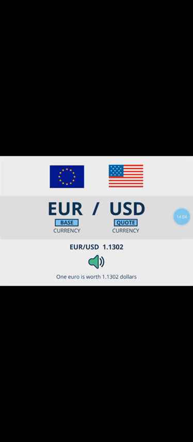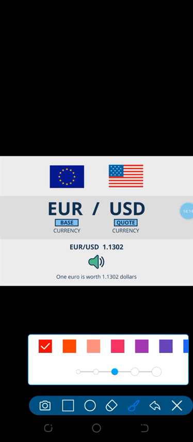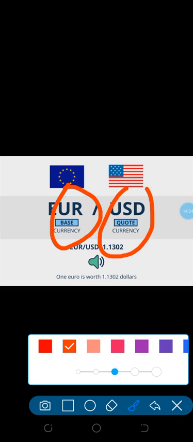Like this one, one side is euro, and on the other side USD. We bring together two currencies, the euro here and the USD here. So this is a currency pair, euro versus USD.